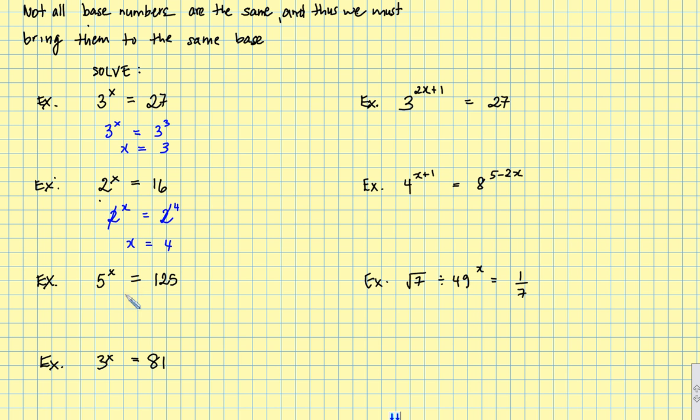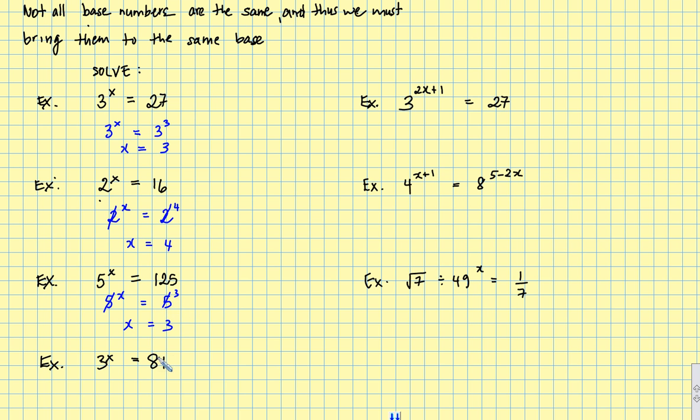If I look at the next one, I've got 5 to the power of x is equal to 125. Let's bring everything down to a base of 5, and 125 is really the same thing as saying 5 cubed, so that x is equal to 3, since the bases of 5 are going to cancel themselves out.